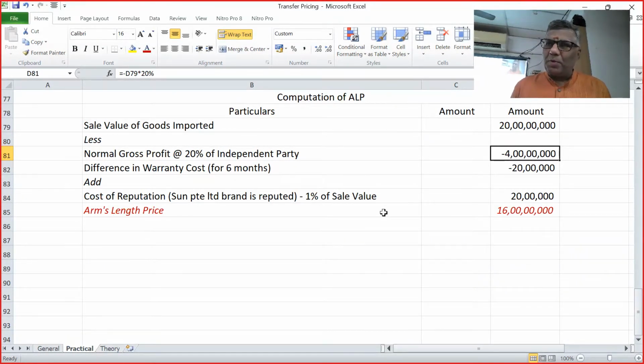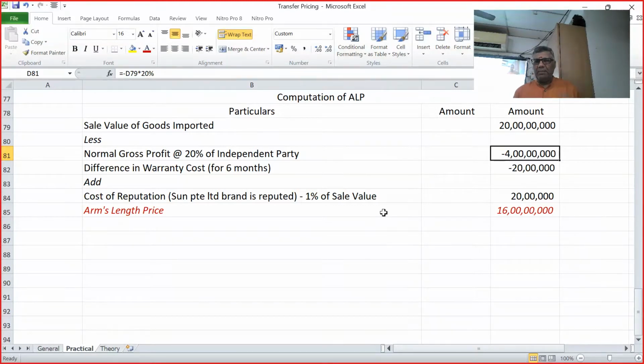Transfer pricing provisions will apply only if we have a loss of revenue. If there is a surplus revenue, it will not apply. So the first method is comparable uncontrolled price method.